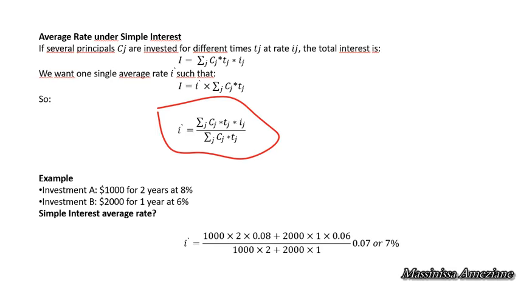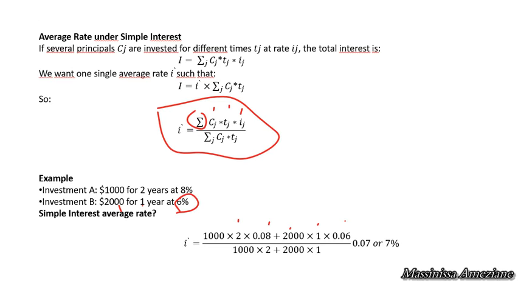So the average interest rate is the first capital, which is $1,000, times the number of periods, which is 2 years here, times the interest rate for this first investment, which is 8%, plus, because we said the sum here, the second capital times the second number of periods, times the second interest rate.